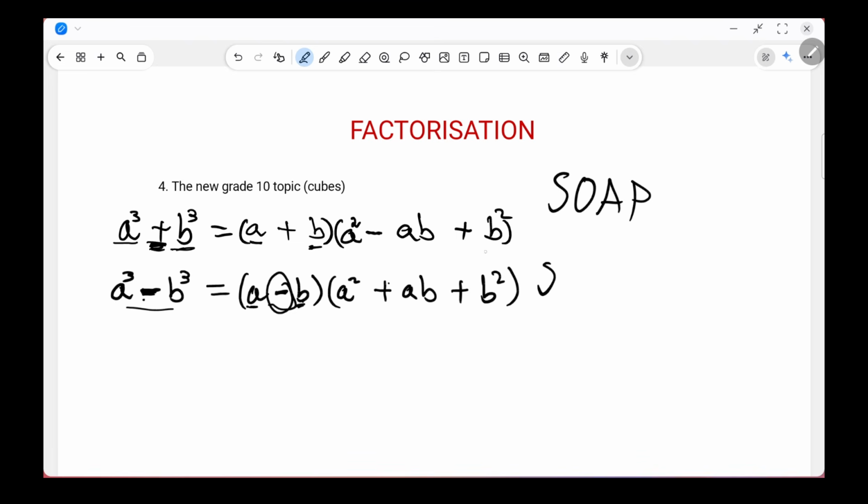And then the second sign is O, opposite sign to the original equation. Then the last one is AP, always positive sign.